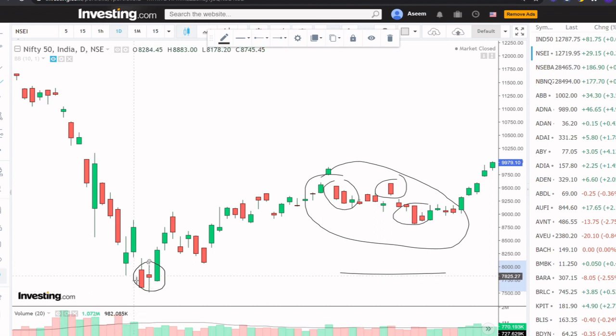That's a pattern that we talk about, wherein the body in the center is very negligible as compared to the whole range of the candle. So I hope you understand the range. Range is basically the difference between the high and the low price during the day.